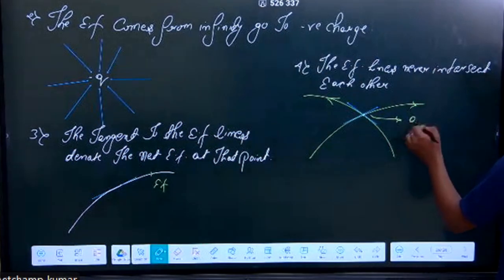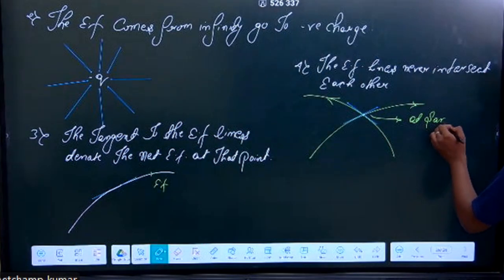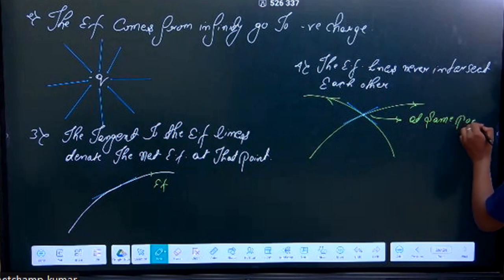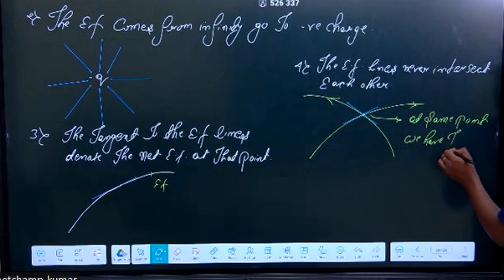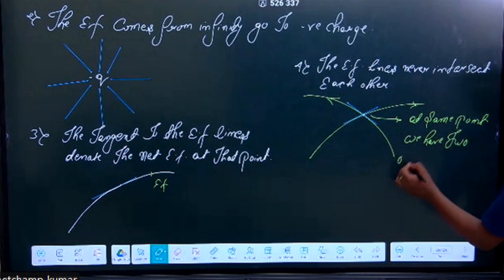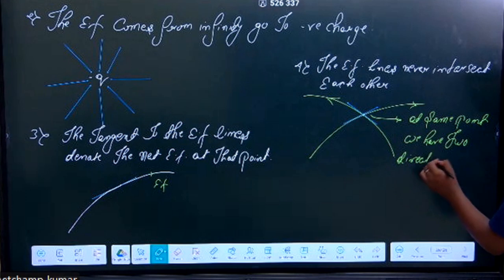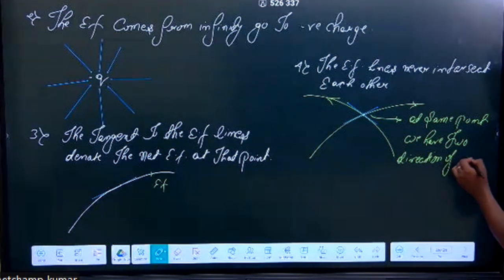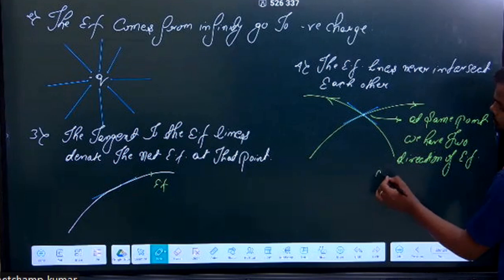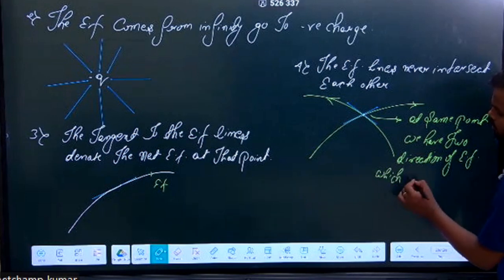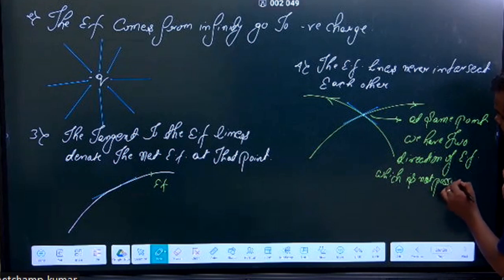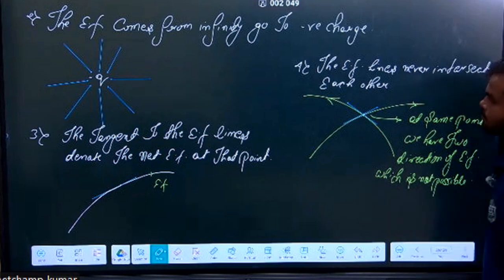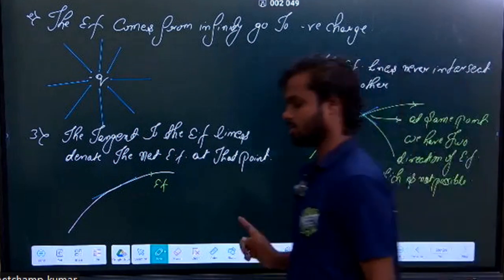Hence, at the same point we have two directions of electric field lines, which is not possible. That is why the electric field lines can never intersect each other.